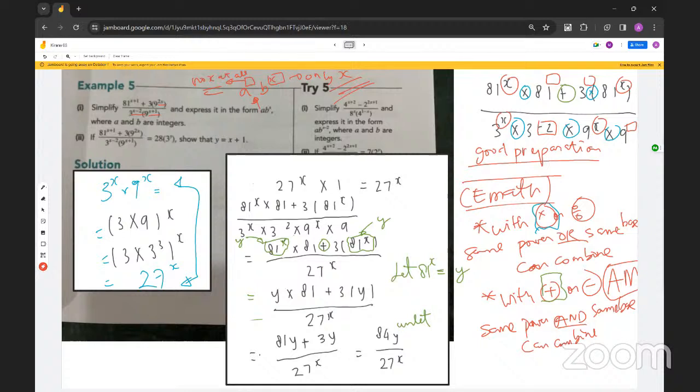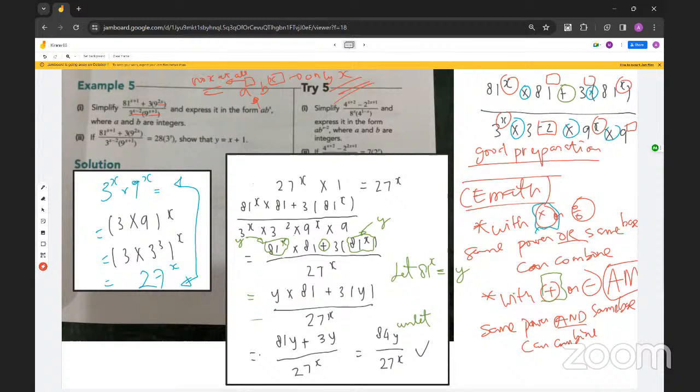Now, once it's correct, please put a tick or something so that I know. Correct.